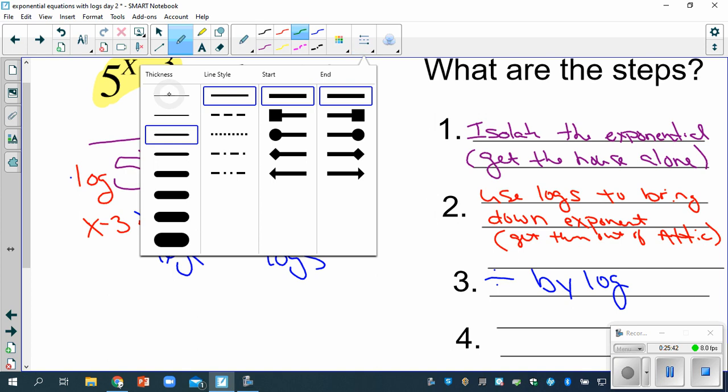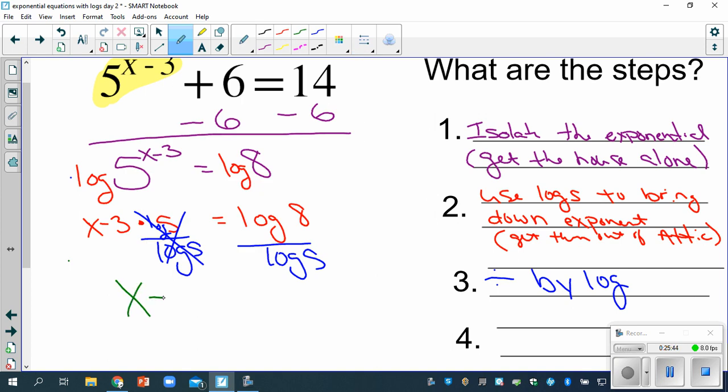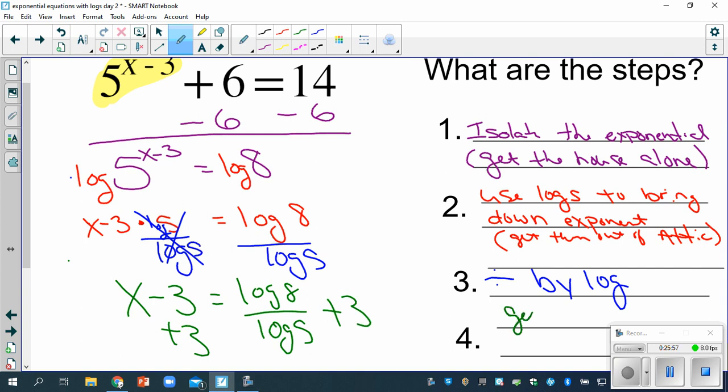Now the very last step, I'm going to do it in green. The very last step is get x alone. Add 3, and our last step is get x alone. So I'm going to use my calculator.